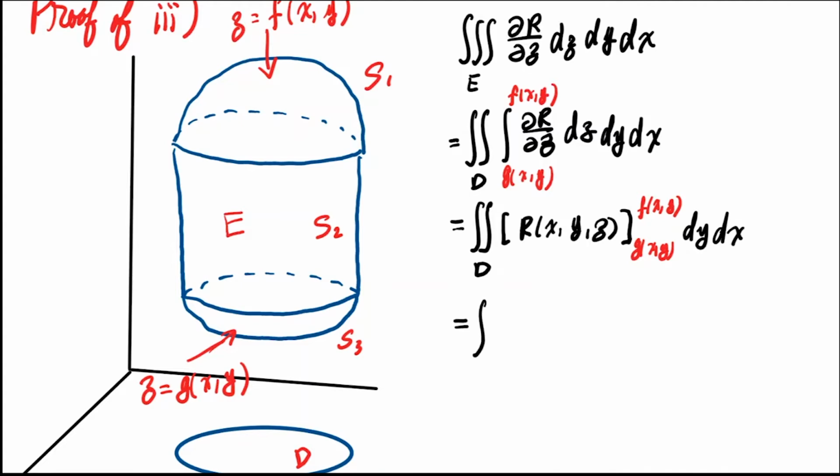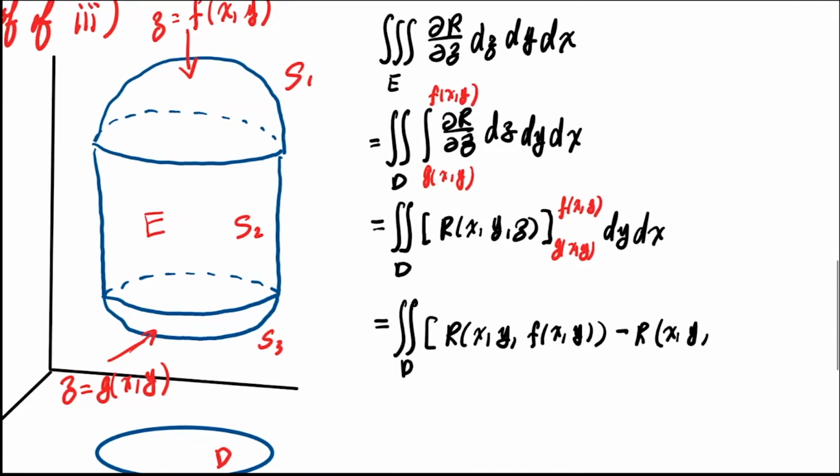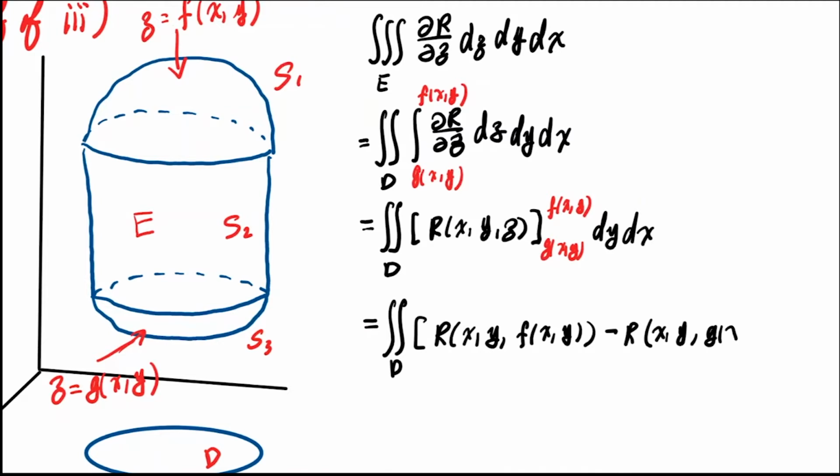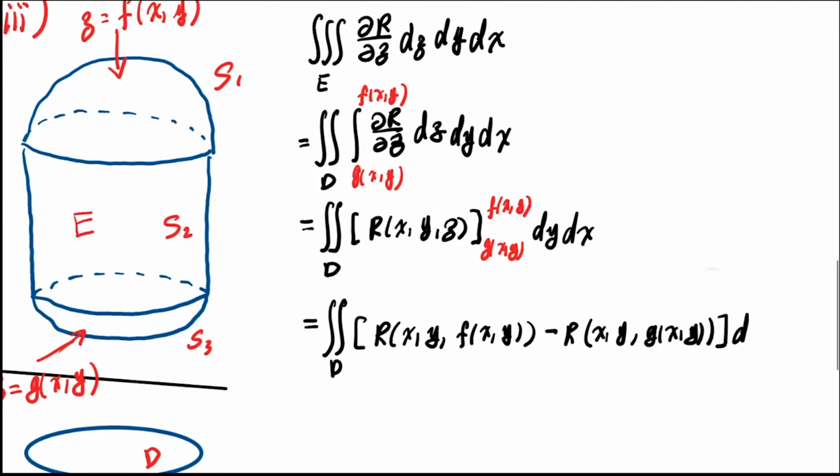Now we plug it in. So we have region D. This goes into Z because we just integrated with respect to Z. So we'll have R of X, Y, and instead of Z, we plug in F of X, Y. Minus R of X and Y, and then we plug in G of X and Y, dy dx.